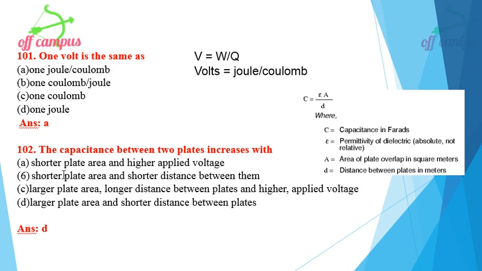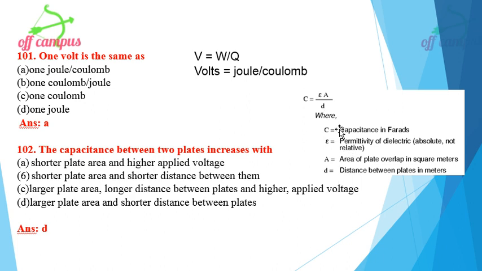Next question: the capacitance between two plates increases with, and 4 different options are given: shorter plate area and higher applied voltage, shorter plate area and shorter distance between them, larger plate area, longer distance between plates and higher applied voltage, larger plate area and shorter distance between plates. So we know the formula for capacitance.